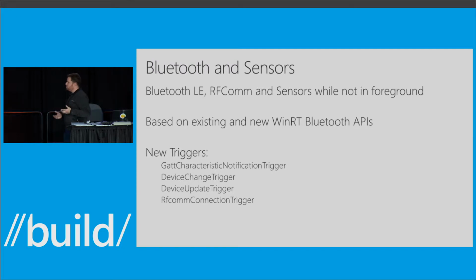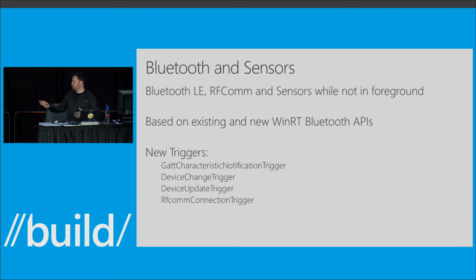For Bluetooth, we've added the GATT characteristic notification trigger, a bit of a mouthful, but if you've used Bluetooth LE, you know what the GATT is. This is the service that tells you when things have changed, and raises an event on the device. This gets translated into a trigger, and then we activate a task at that point. You can then process the event.